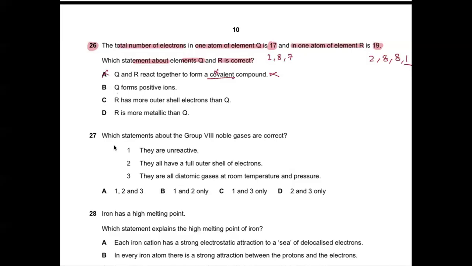So A goes wrong. Q forms a positive ion? No, it has 7 electrons, so it can gain an electron, so it can form a negative ion. R has more outer shell electrons than Q?